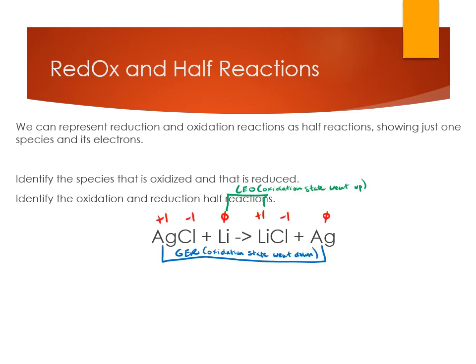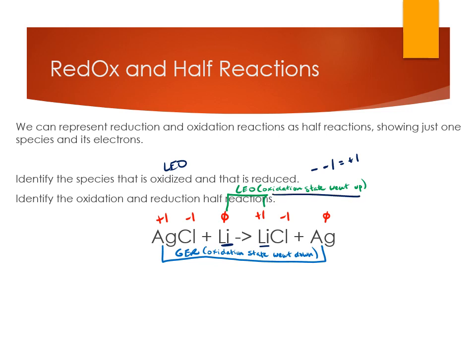All right, so remember that oxidation is losing electrons, and because lithium went from a 0 up to a +1, it lost that -1 charged electron. Lithium lost electrons because it was oxidized.